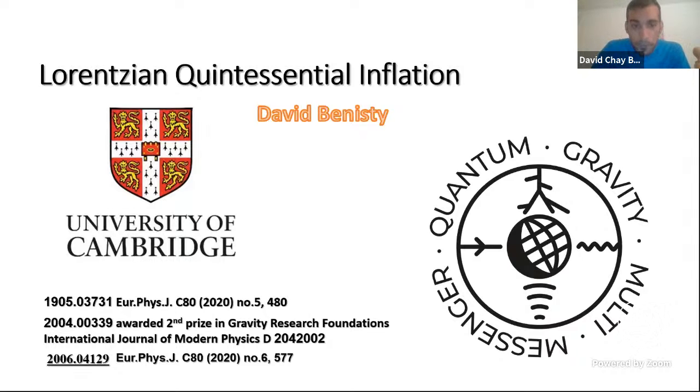As part of this, we designed a model called Lorentzian quintessential inflation, which tries to unify inflation and dark energy. I'll show you most of the details, but you can see that there is still a gate for new physics beyond the lambda CDM model. This is my purpose here today. Even though this is a simple model, it can be extended or simplified, or the idea itself can be used.